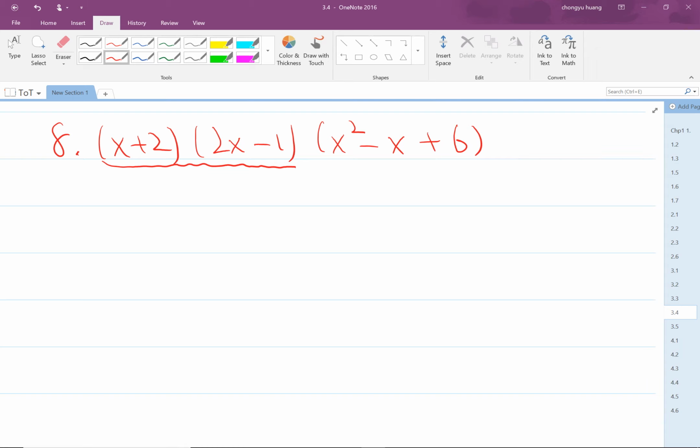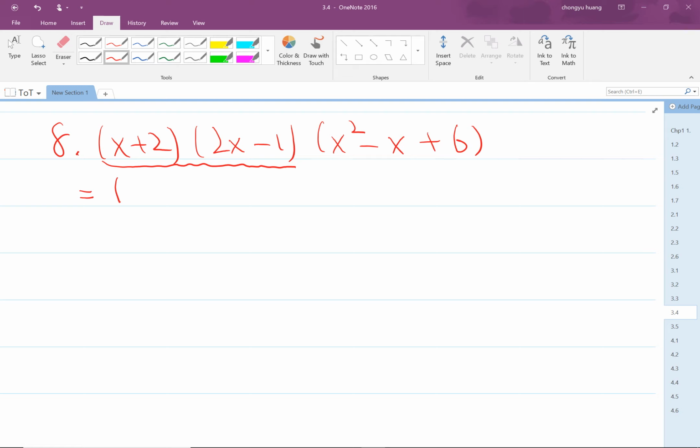So that's exactly what we do over here. That's basically the strategy for solving this problem. Maybe this time we do it a little bit faster, because I think you guys know how to do it right now.